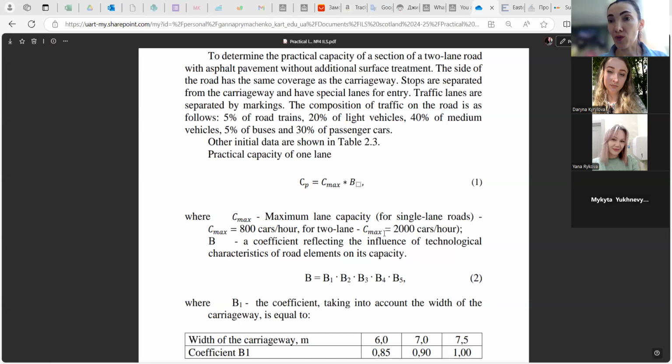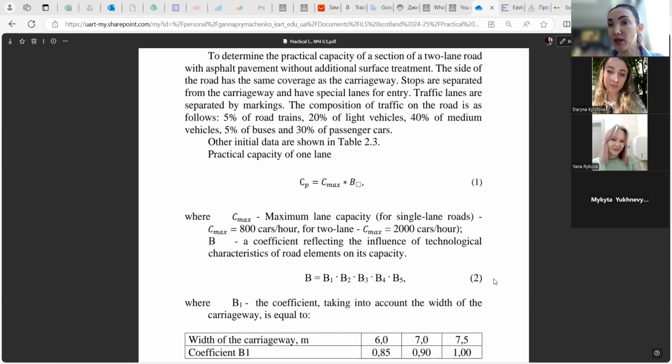Multiply, and now multiply by your index B. It is the result of solving your formula number 2. Yes, and you can write is equal to, and calculate how many cars per hour you can allow on this 2-lane road, please. Find this information.